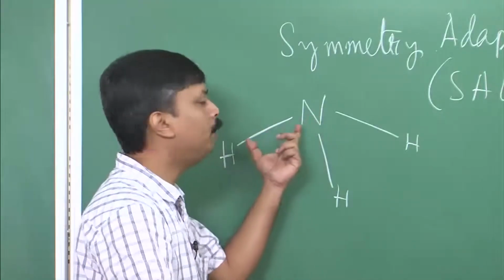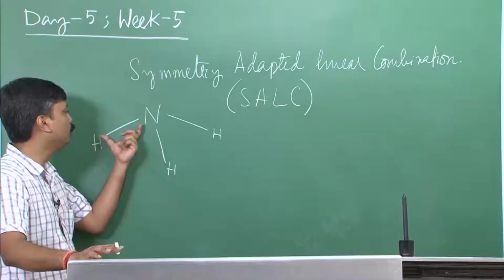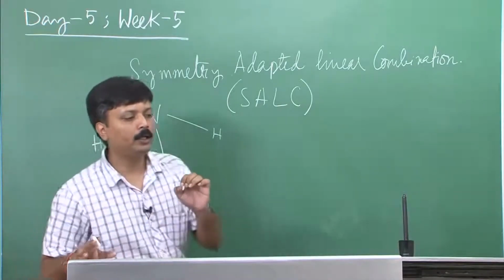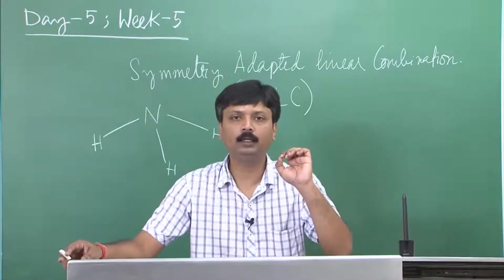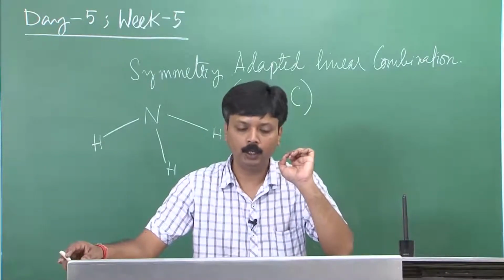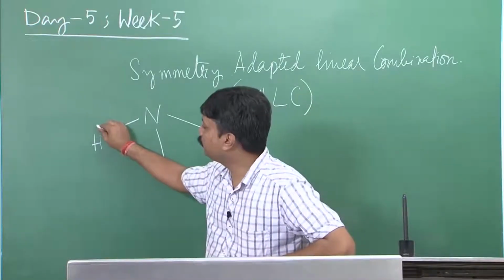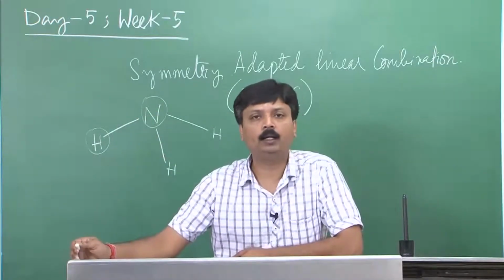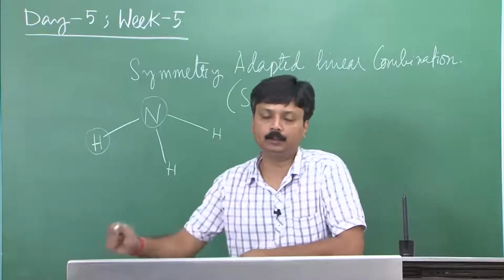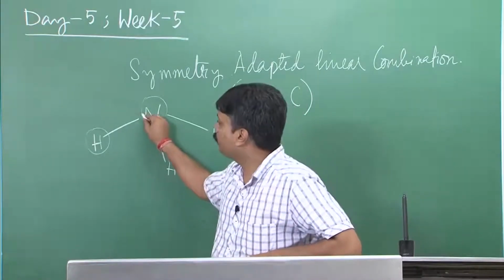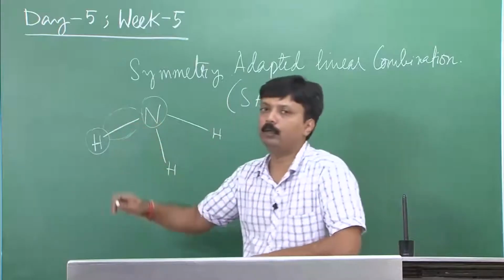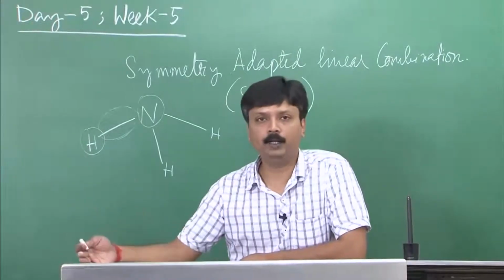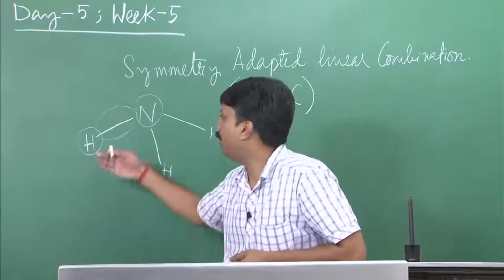Which orbitals will combine to form a successful bond is governed not only by the energetics but also by the symmetry. Until and unless the orbitals of these atoms have the same symmetry, they cannot combine. So there is a symmetry restriction, and therefore the combination that we will form to facilitate the bond formation will be a symmetry adapted linear combination of atomic orbitals.